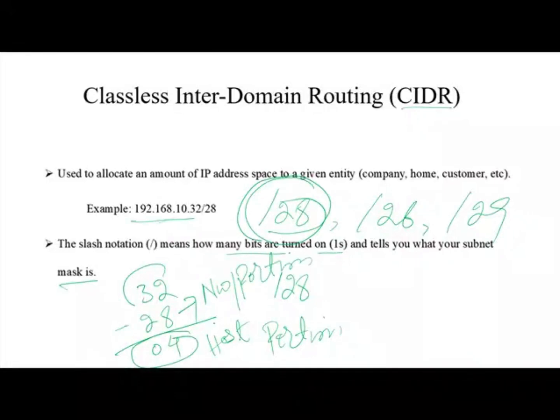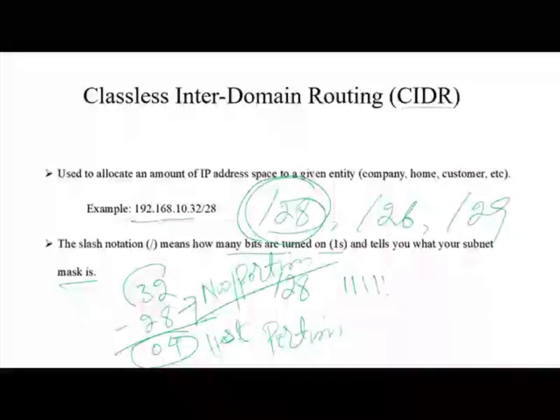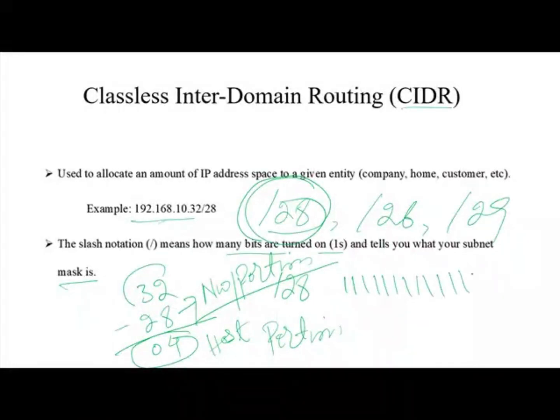For the CIDR, all 28 bits are on in the network, whereas the remaining 4 bits are for the host.